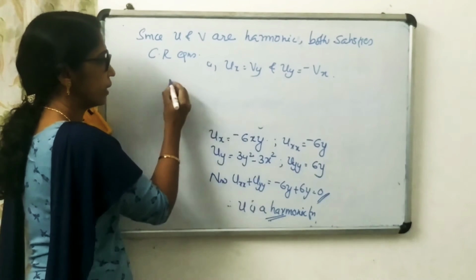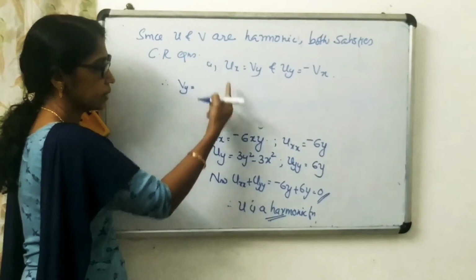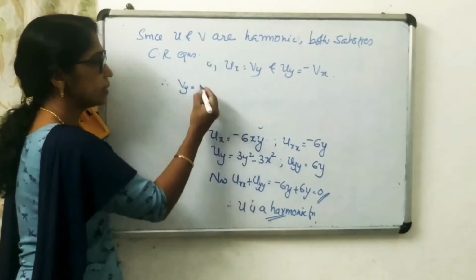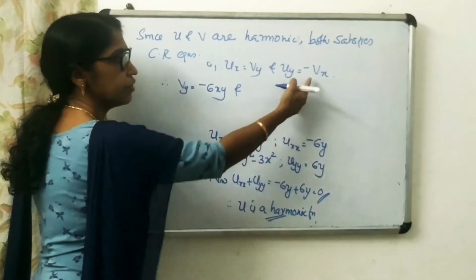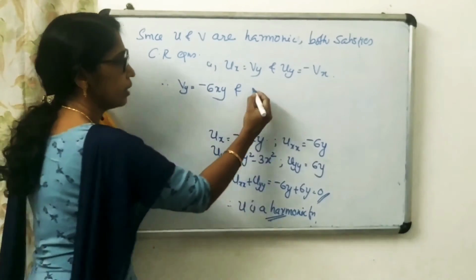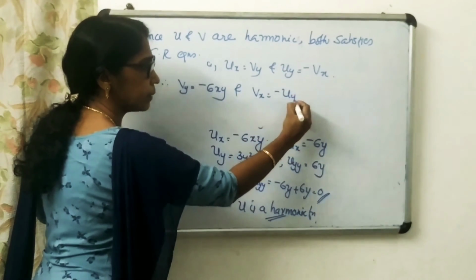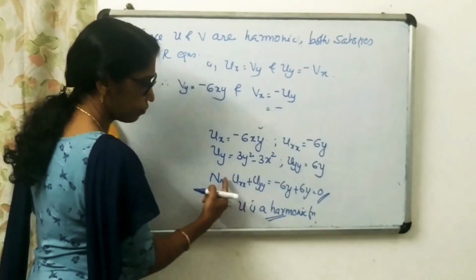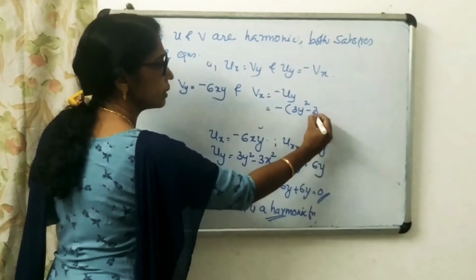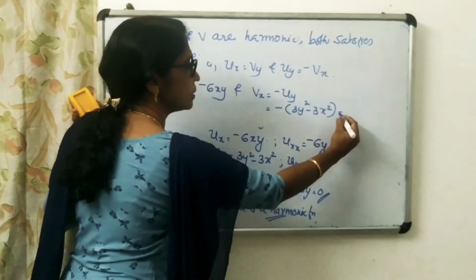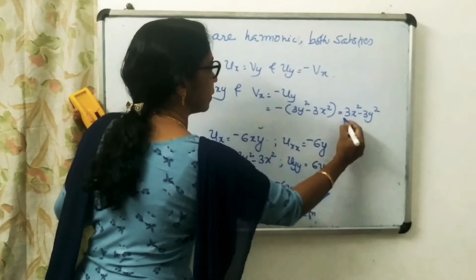Therefore vy = ux, that is -6xy, and vx = -uy, that is -(3y^2 - 3x^2), which equals 3x^2 - 3y^2.